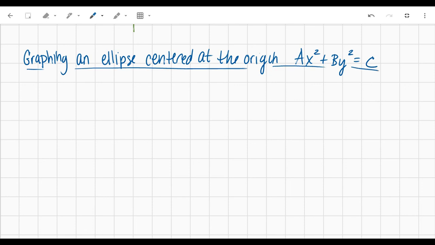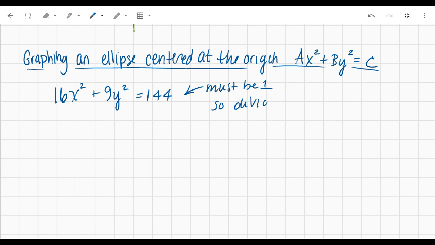So for example, if we have 16x squared plus 9y squared equals 144. It can't equal 144. It has to equal 1. Okay, so we're going to divide all terms by 144.